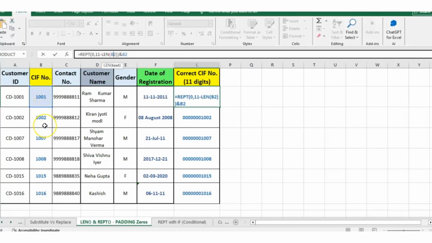In the current scenario, the length looks the same, that CIF number is a 4-digit value, but it can be 4 digit for some customers and 5 digit for some other customers.